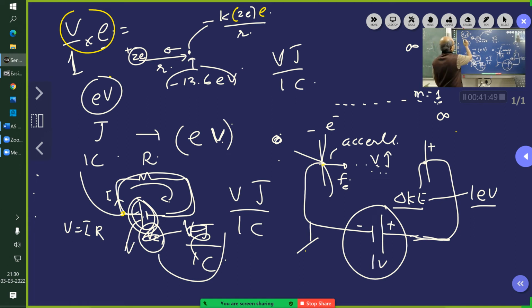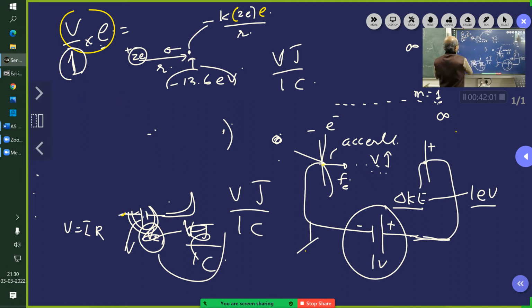Now you see here, we divided by 1 coulomb and multiplied by the electron. And what is the charge of the electron? The charge of the electron is 1.6 into 10 to the power of minus 19. So this unit will still be joules here.